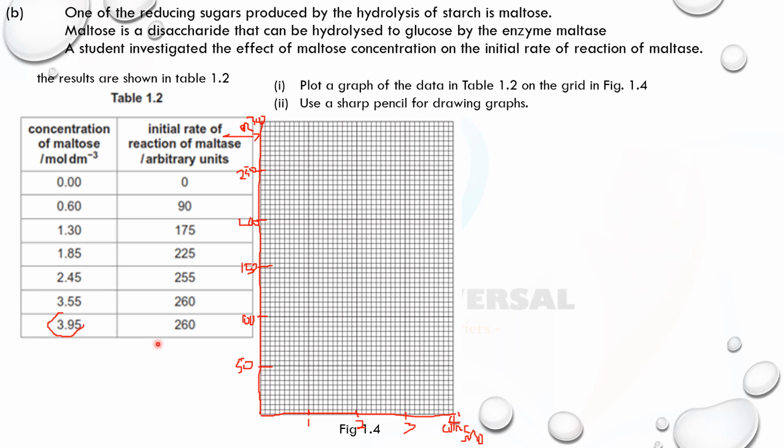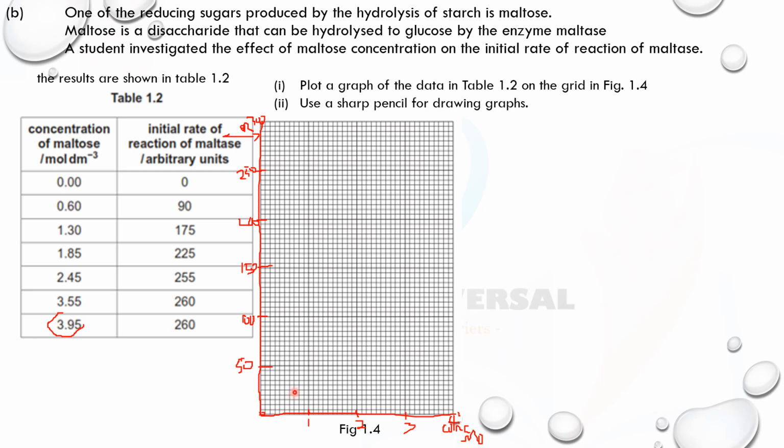If I'm plotting 0 and 0, that's going to mark a point here. The next one, 0.6, count 6 boxes: 1, 2, 3, 4, 5, 6.